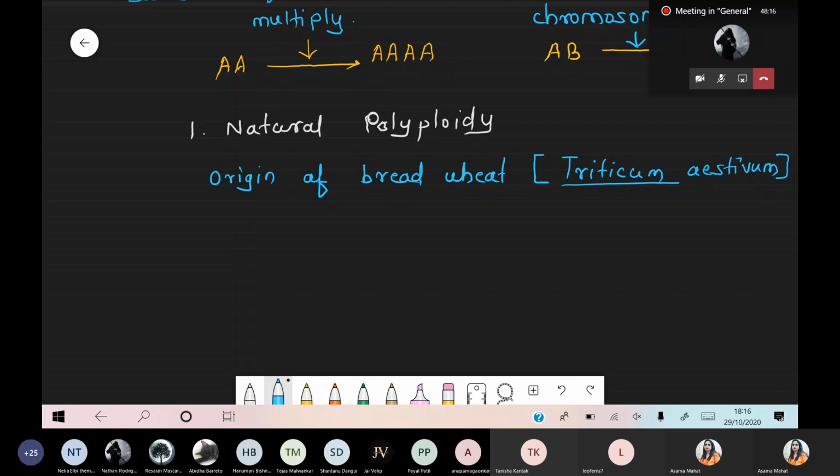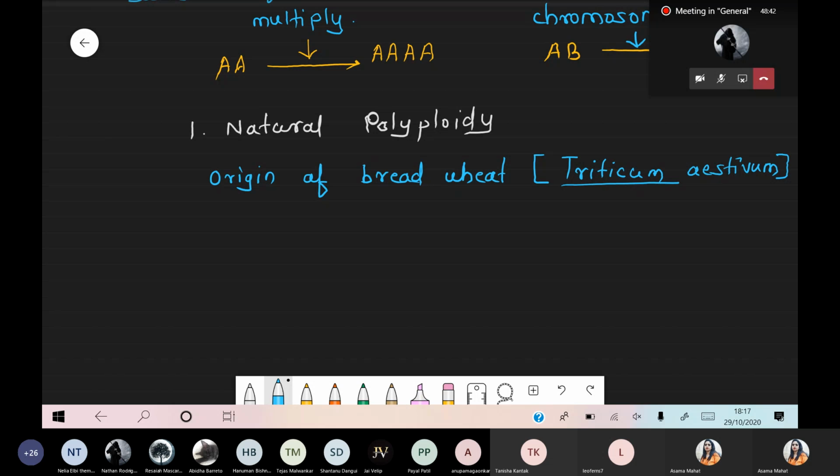This wheat is an example of natural polyploidy. Natural mutation happened, right? Because of this natural polyploidy there is a change, one species is converted to another, and finally we obtain one species, that is Triticum aestivum, whose common name is bread wheat.